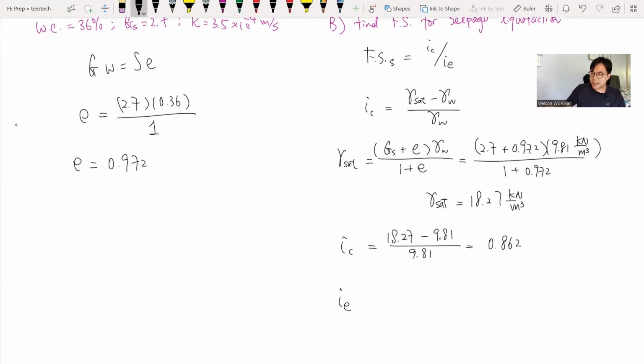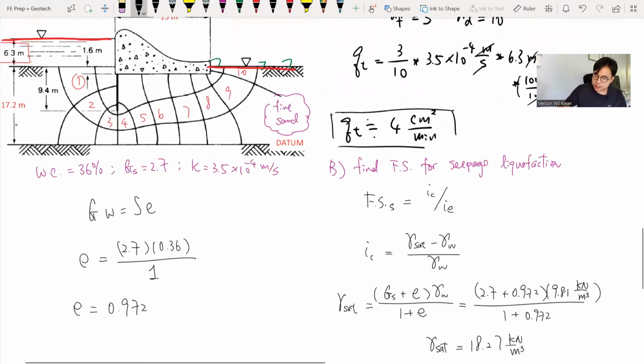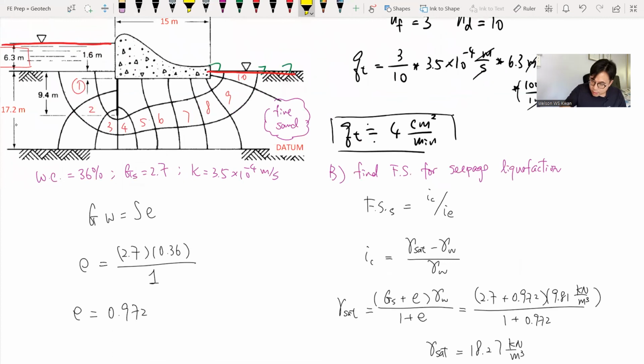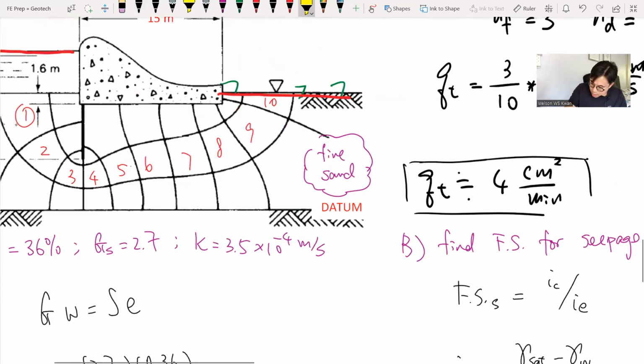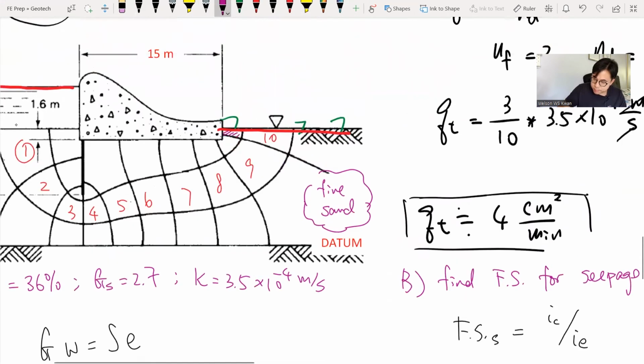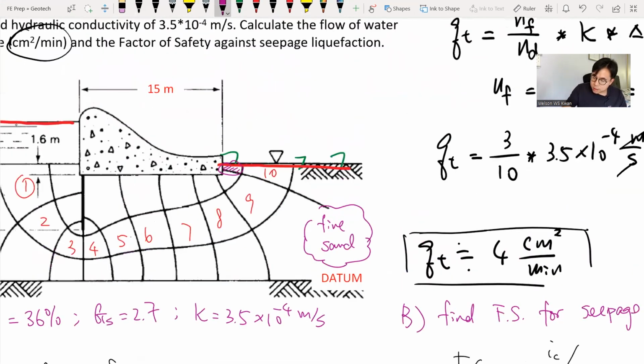So next, we need to find the exit gradient. And what does it mean by exit gradient? For this site, which we are talking about, it is the gradient of this particular box, or this grid right here. On this grid, we can find the gradient, because now we have heads.